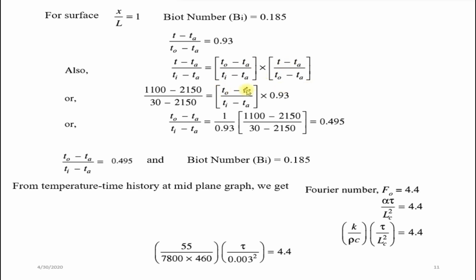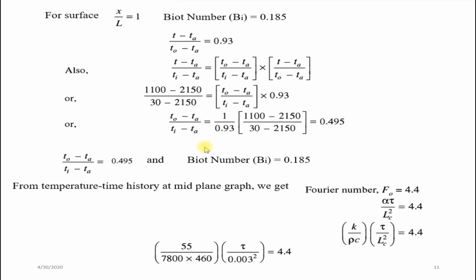In this equation we have the value of the left hand side, we have the value of this part, and remaining is T0 minus Ta divided by Ti minus Ta. This value will be the y-axis of the first graph, that is the temperature midplane graph. So find this out with the help of this value. You will get 0.495 as T0 minus Ta divided by Ti minus Ta.